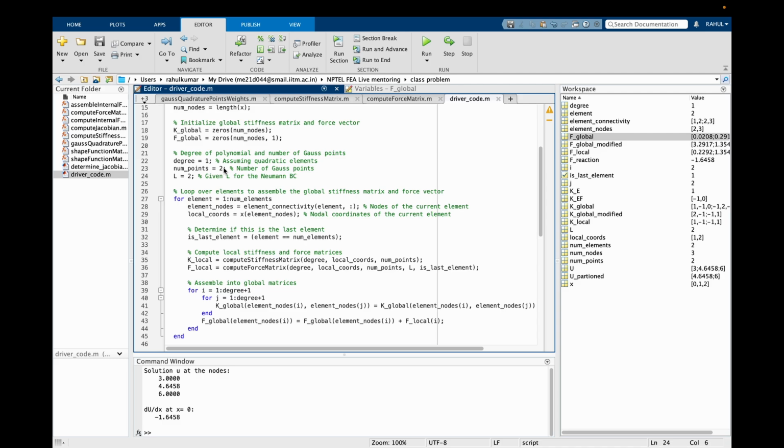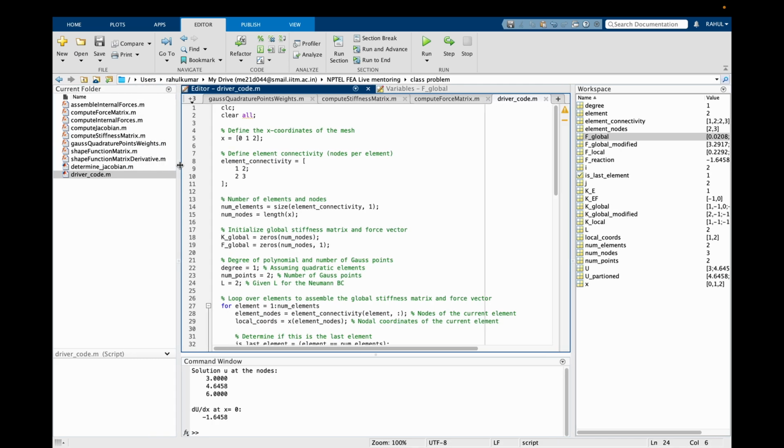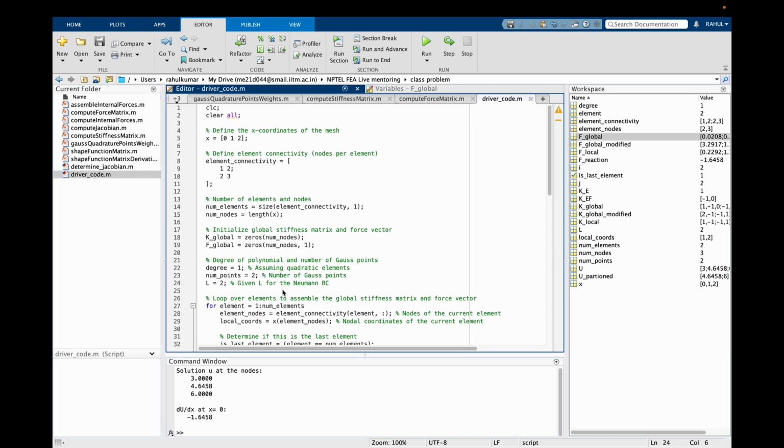Nothing is wrong, both are correct. That would be more simplified, but anyhow, I have written it. Here you have written in the comment that this is the number of Gauss points. Yes, because it will call the Gaussian integration. So because of that I have written it.